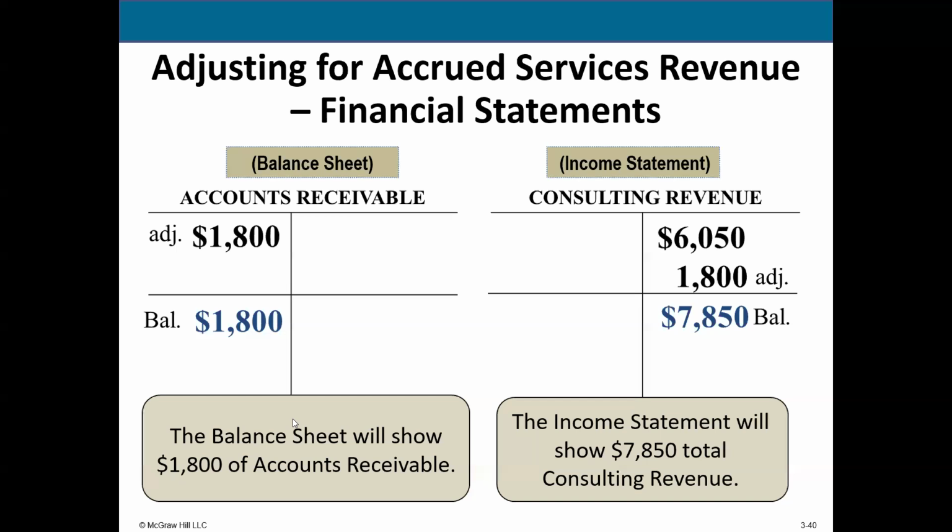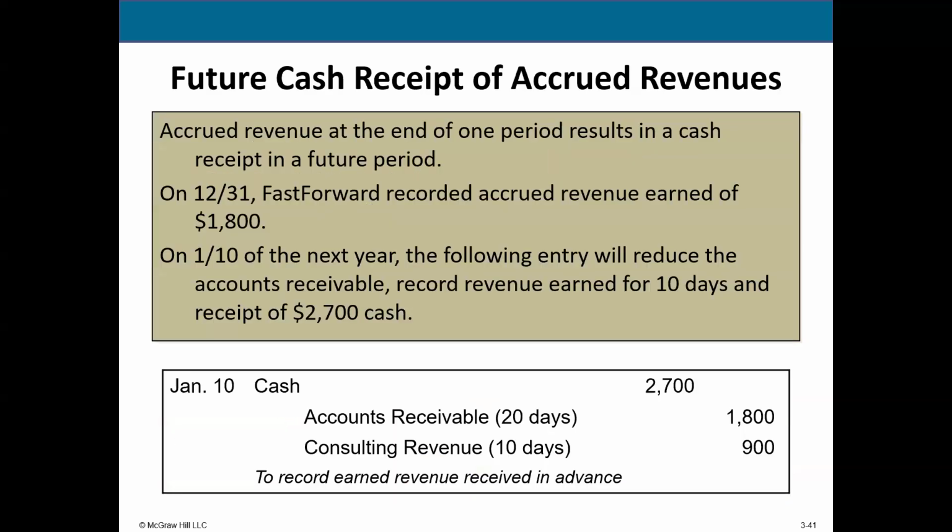Now, at the end of that 30-day contract, the customer is going to pay us the full $2,700. So we debit cash $2,700, credit the receivable for the $1,800 that we accrued back in December, and then the remaining balance, consulting revenue, $900. That's how we recognize it when the customer actually pays.